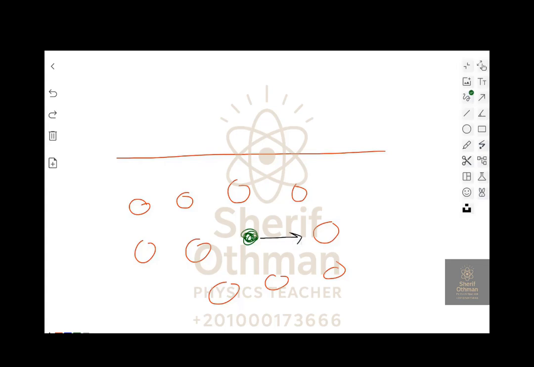One to the right, one upward, one downward, one to the left, another one to the left. So the forces which are attracting this particle are balanced. So the particle remains in its place.